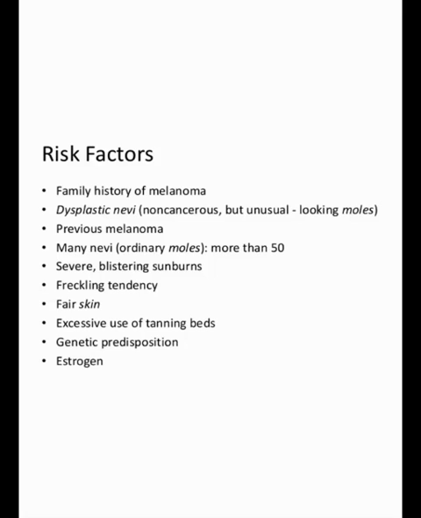Then freckling tendency. Freckling tendency means a lot of pigment cells that may occur in the body or the nearest area. There may be a cluster of pigment, that is known as the freckling tendency. Then fair skin.